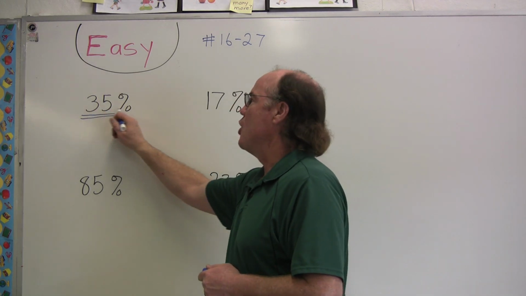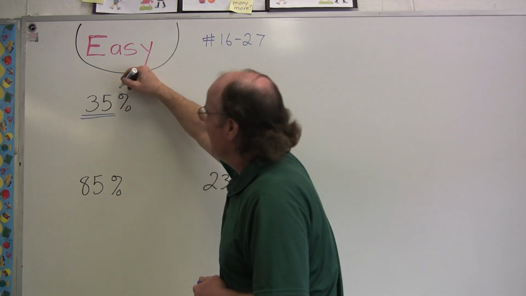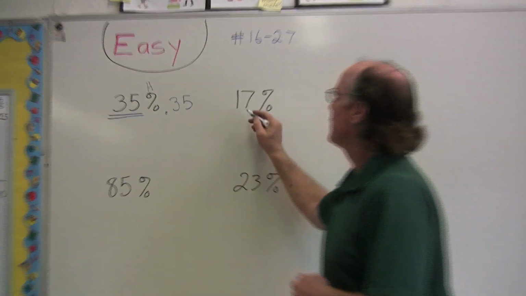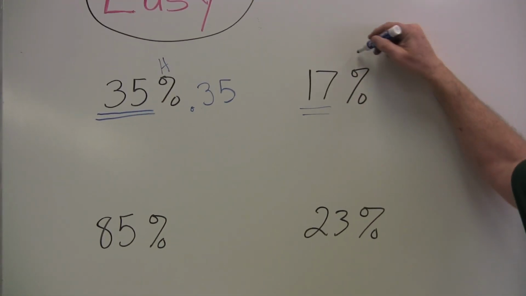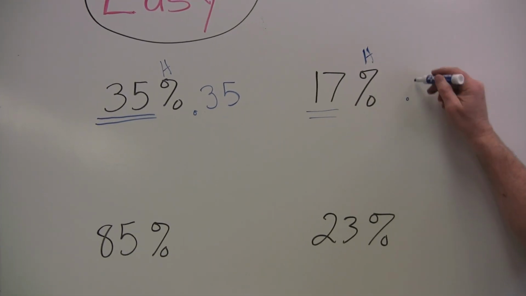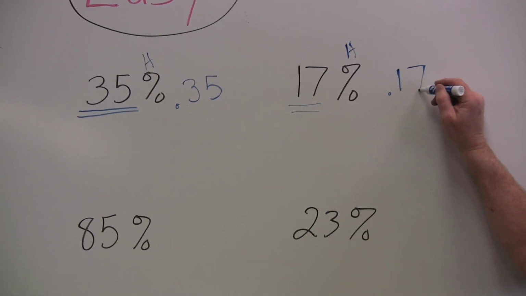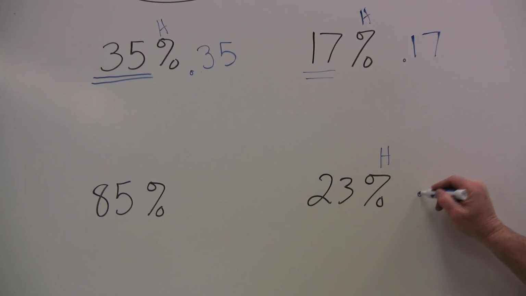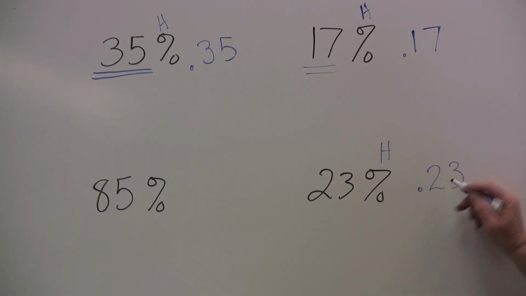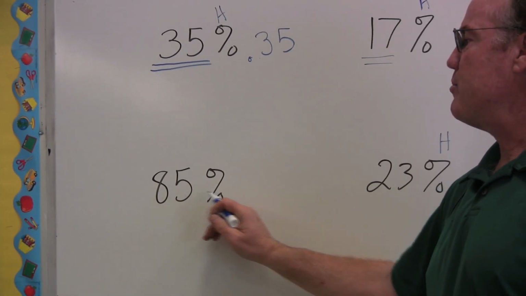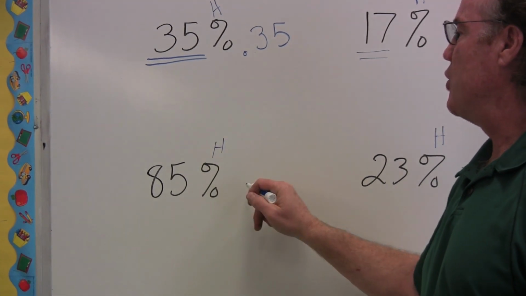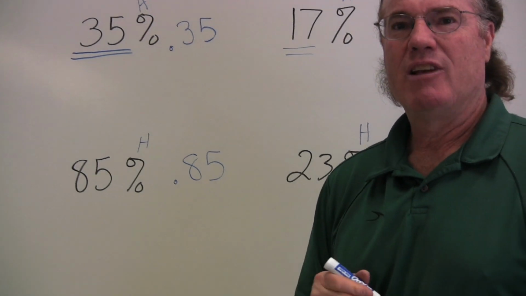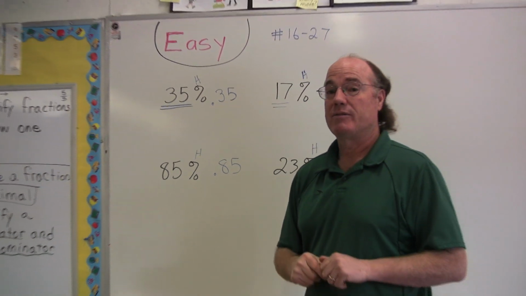These are so easy. 35% is just 35 hundredths, 0.35. 17% is 17 hundredths, 0.17. 23% is 23 hundredths, 0.23. 85% is 85 hundredths, 0.85. It'll get a little trickier in the next level.